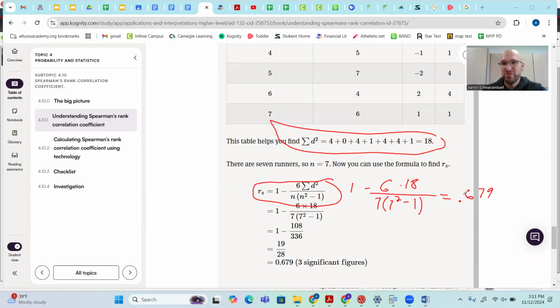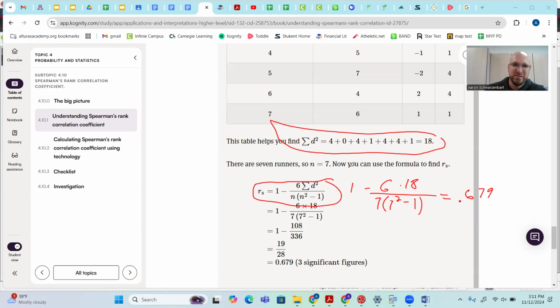Spearman's rank correlation works very similarly to Pearson's correlation. Close to 1 is strong correlation. Close to 0, poor. I don't think you can get a negative out of this. I do not think this formula can possibly generate a negative, because your D squareds can't be negative.